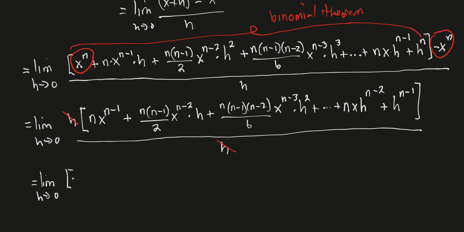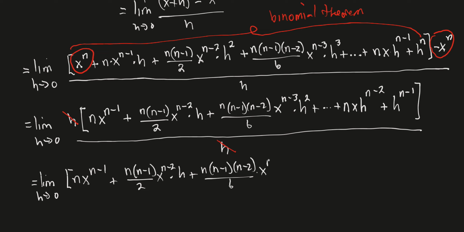In square brackets, I have n times x to the n minus 1 plus n times the quantity n minus 1 over 2 times x to the n minus 2 times h plus n times n minus 1 times n minus 2 over 6 times x to the n minus 3 times h squared plus dot dot dot plus n x h to the n minus 2 plus h to the n minus 1. And now we get to evaluate this.